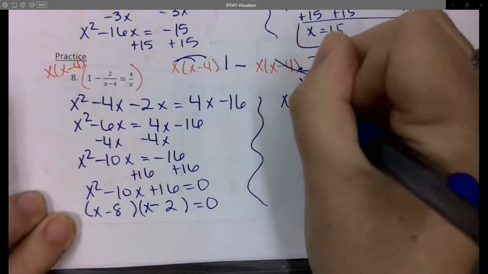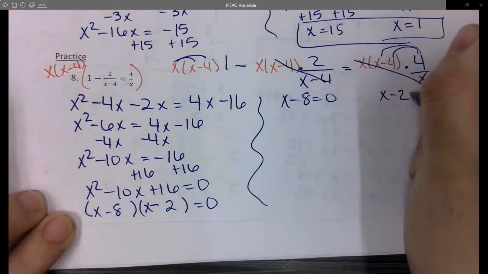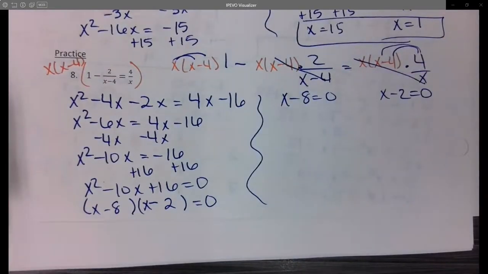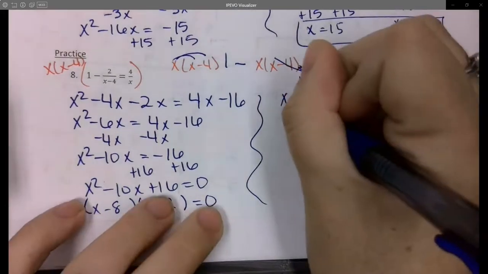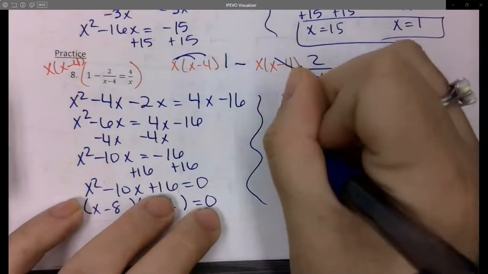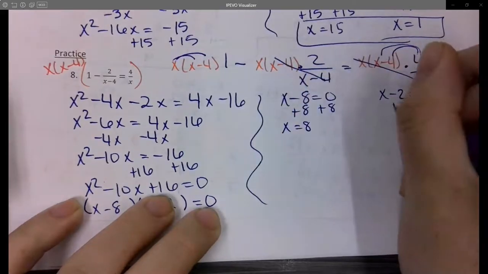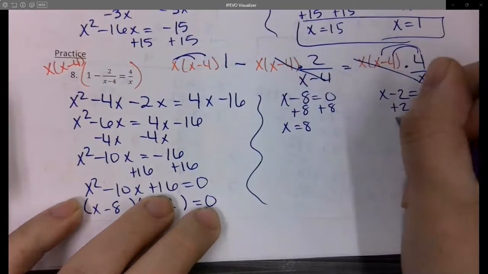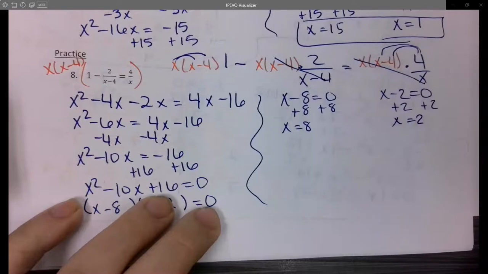So I'm going to have x minus 8 equals 0, x minus 2 equals 0. Then I'm going to go ahead and solve each one. This first one I want to add 8 to both sides. I get x equals 8. The second one I add 2 to both sides. I get x equals 2.